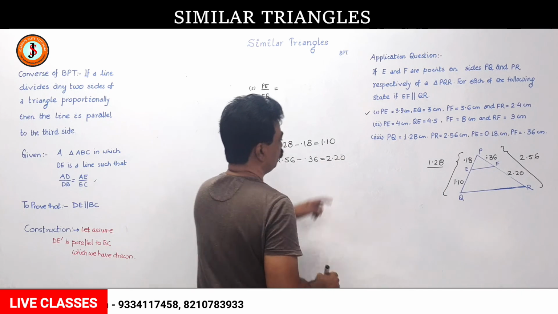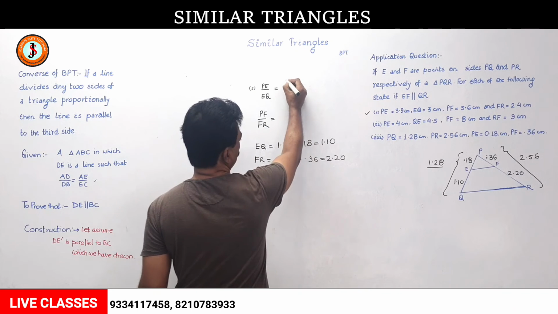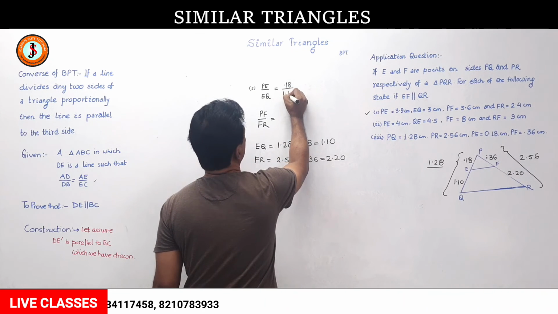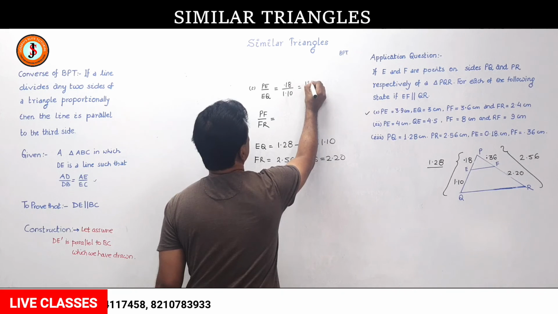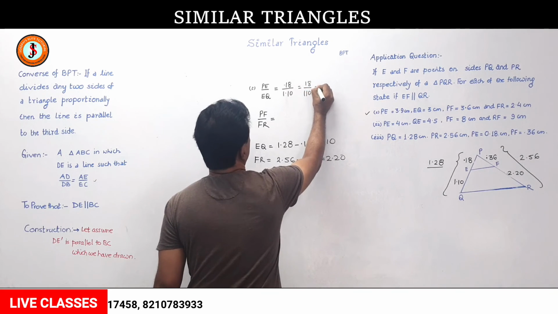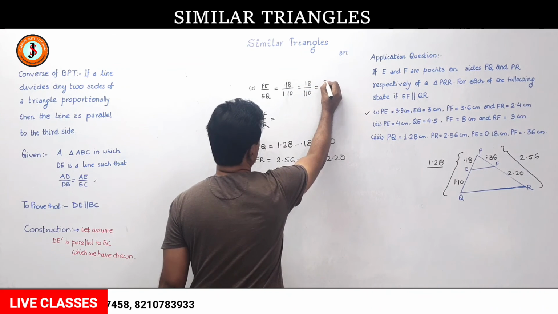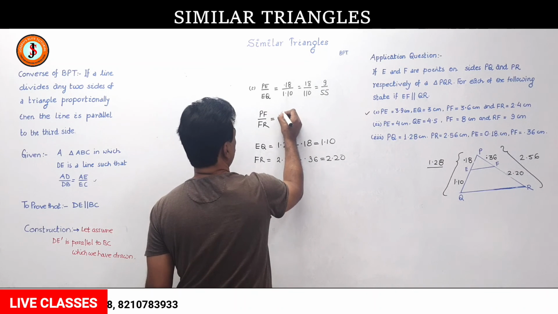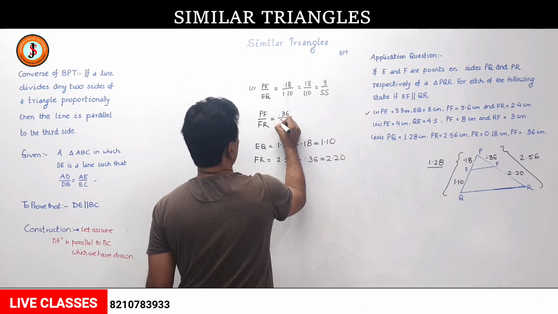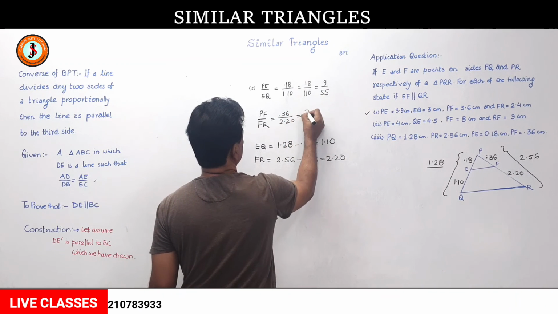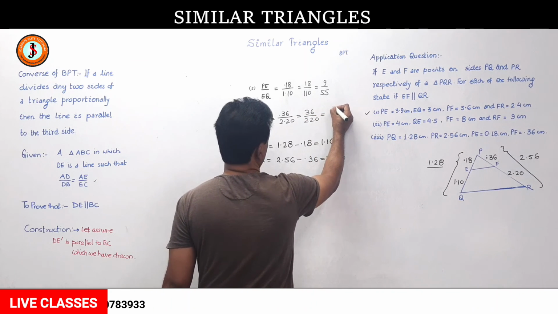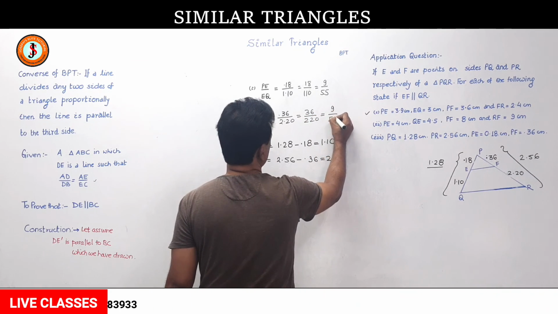Now we get PE by EQ. PE by EQ is 0.18 by 1.10, that is 18 by 110, that is equal to 9 by 55, since 2 9s are 18 and 2 5s are 10. Now here it will be 0.36 by 2.20, that is 36 by 220, that is equal to 9 by 55, since 4 9s are 36 and 4 5s are 20.